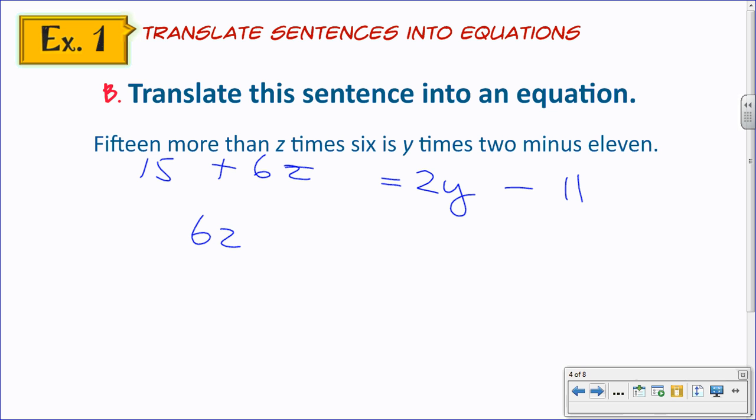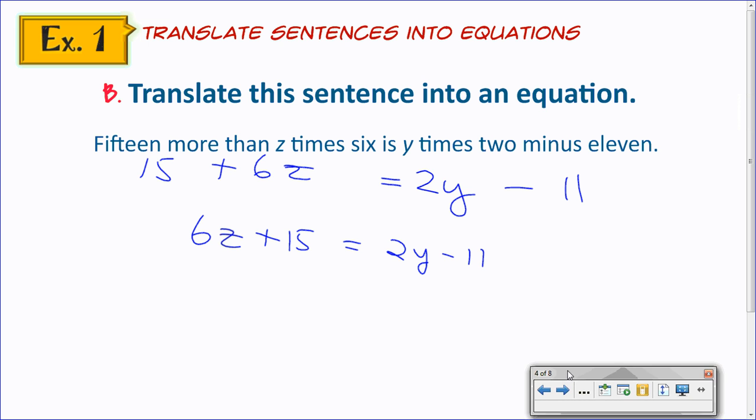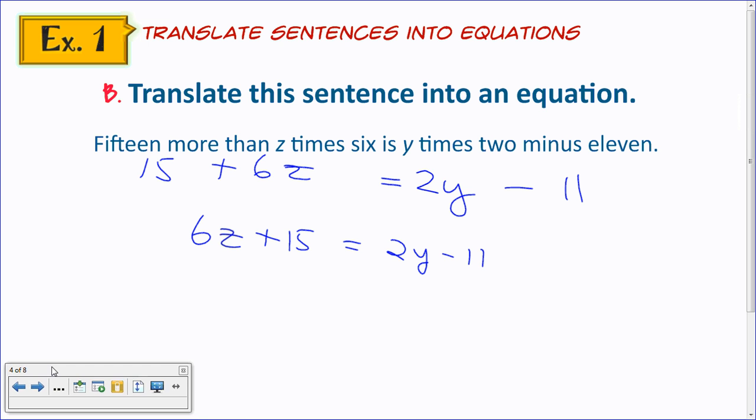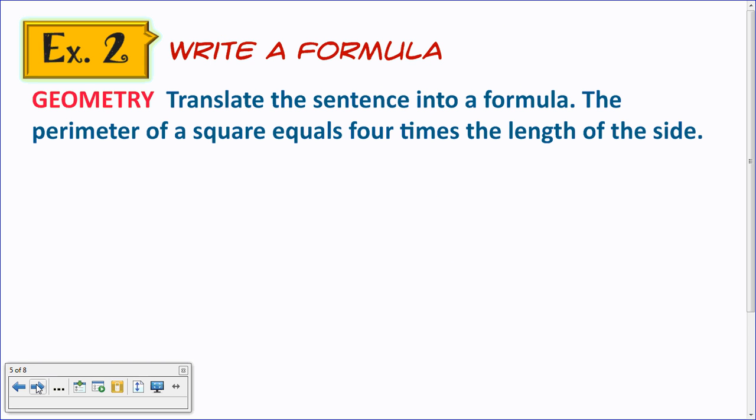I can say 6z plus 15 equals, and so on and so forth. I can move stuff around, right? As long as it has the proper sign in front of it. Everybody good? Okay, write this one down.